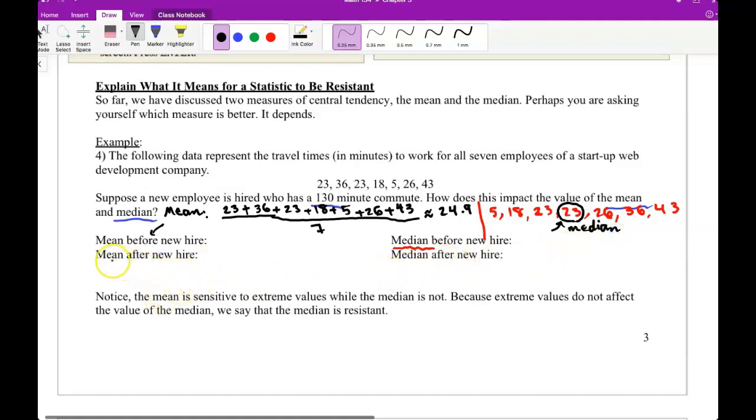Okay, now finding the mean after the new hire. So adding 130, we're going to have this set of data.